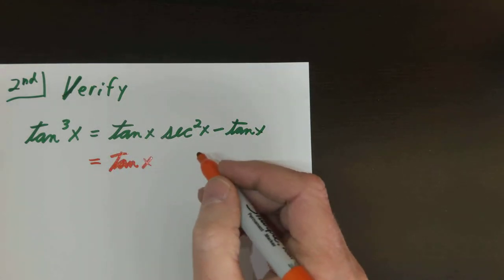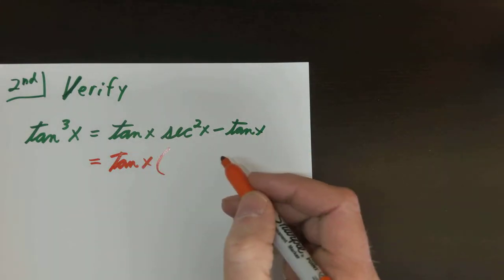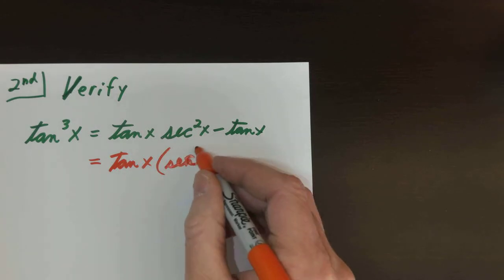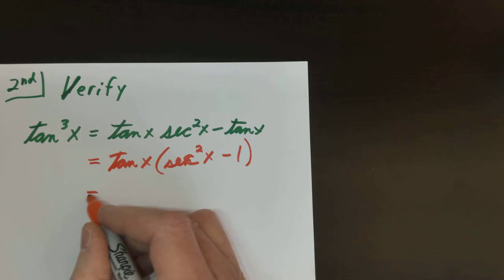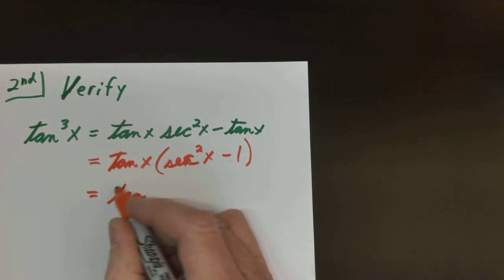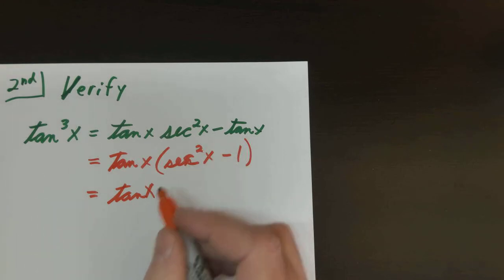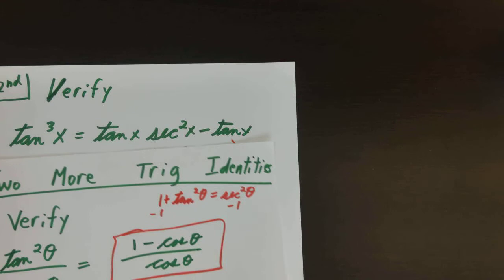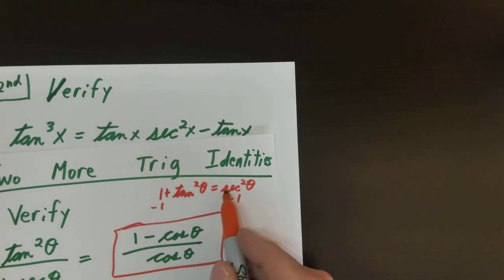Tangent of x is a common factor of this and here. So I'm going to take that GCF out of there, and I got tangent of x times secant squared of x minus 1. Now, remember this, 1 plus tangent squared is equal to secant squared.